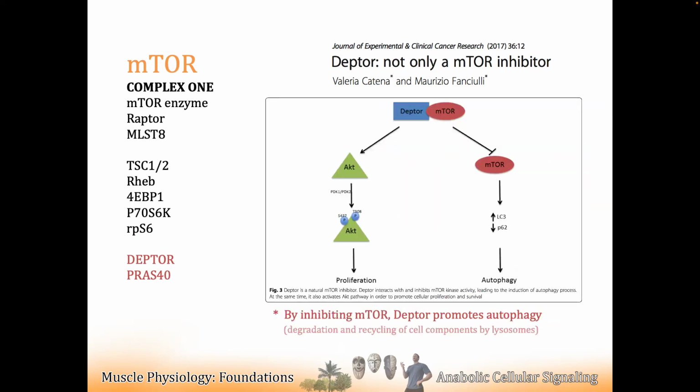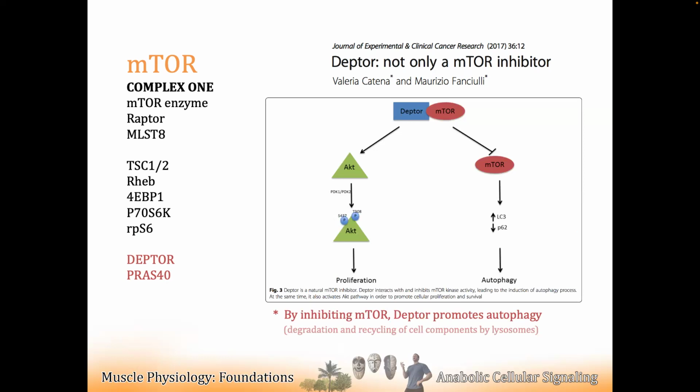So this is a graphic look at Deptor signaling. Yes, it inhibits the kinase activity of mTOR. Deptor does. So mTOR's downstream targets remain hungry for phosphates, but at the same time, Deptor is promoting PKB signaling and consequent proliferation, meaning more cells grow, then divide, and grow some more and divide.